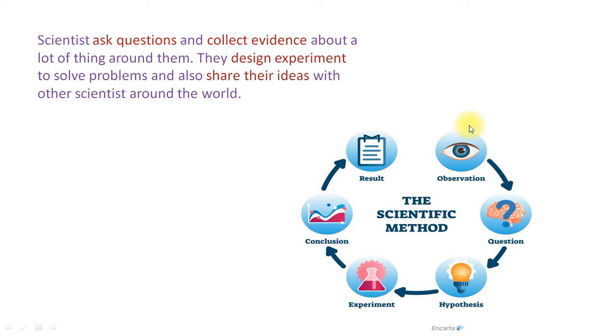Now, scientists often observe a situation and then ask questions about the situation, like what we have here. Now, these questions are often followed by a hypothesis, okay, or they suggest an explanation based on the question, and then they design and carry out an experiment to see if the hypothesis is correct and come up with a conclusion.